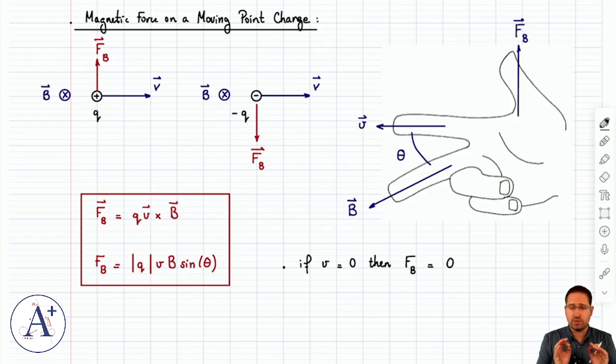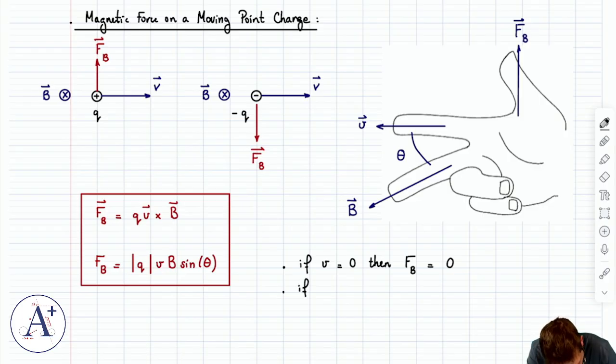You could even have a point charge that's at rest with no magnetic field. You flip the switch and you turn it on, and all of a sudden there is one. Nothing's going to happen. It's not moving. If it's not moving, then no force. Okay?